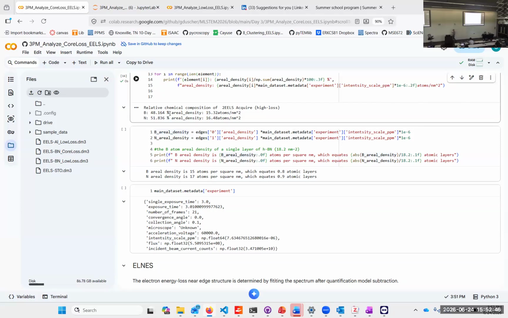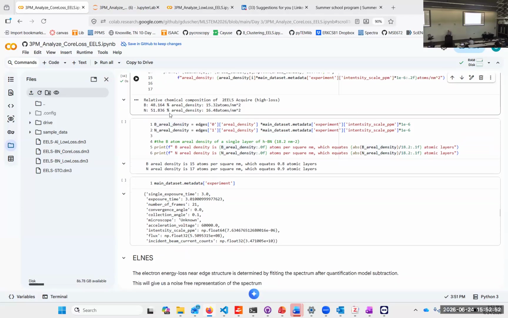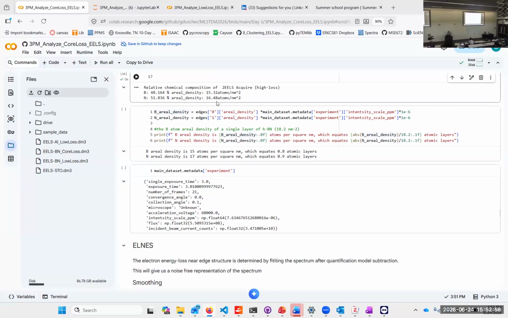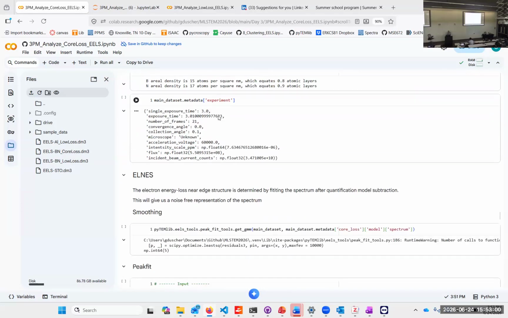And so in this case, the nitrogen was very, very noisy, right? So you cannot expect anything better than that. The overall intensity was about 15 or 16 atoms per square nanometer.